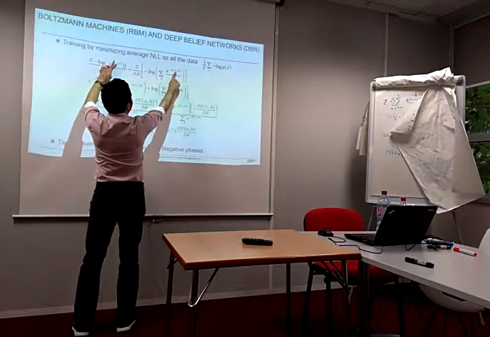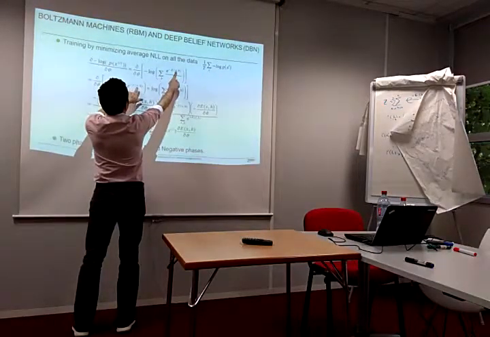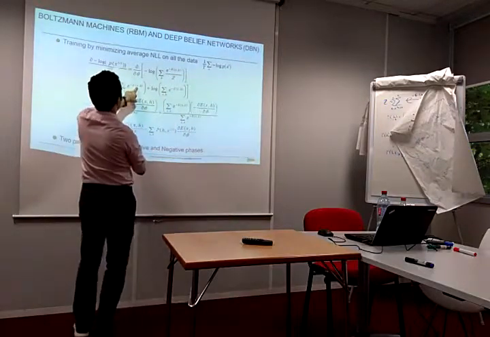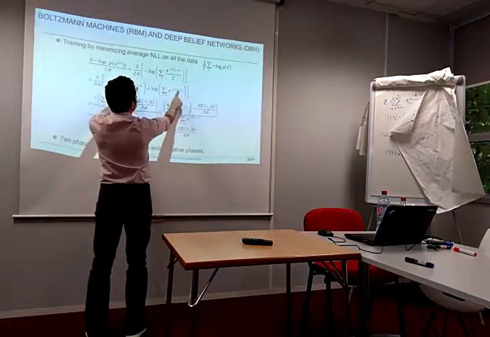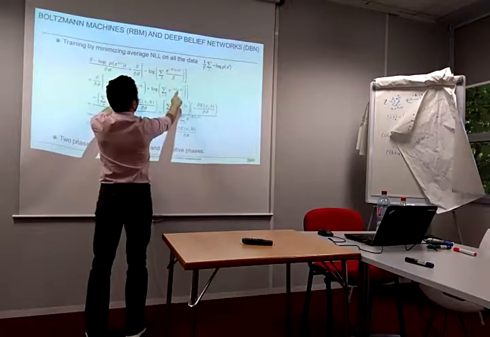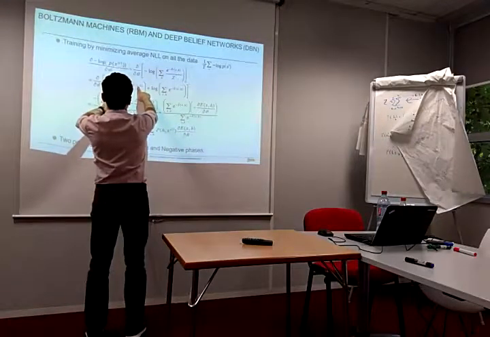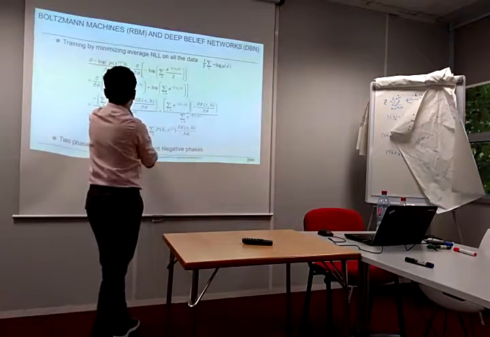This should be xt. And this should be x in general, because this is z. So this is xt, and here this is xt, and this is xt.